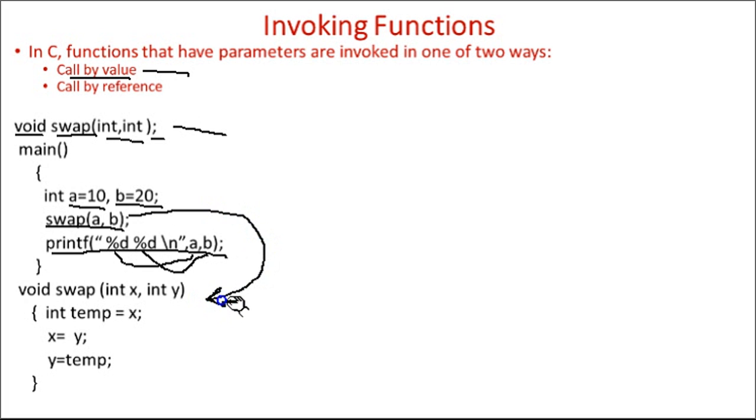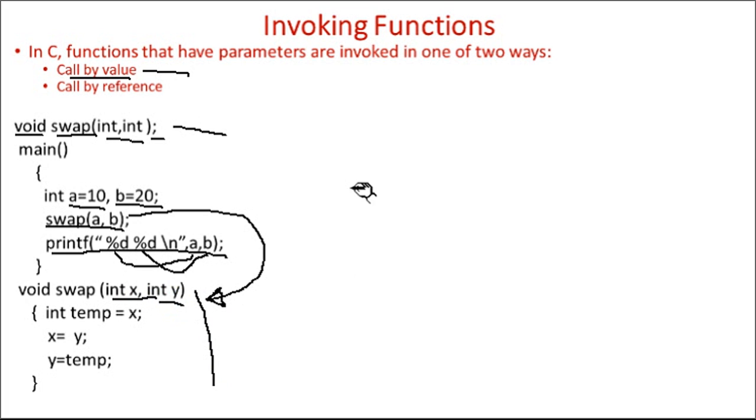Once we call the swap function, the compiler will jump to this particular part, which is nothing but the definition of the function swap. Here x and y are the two new variables.